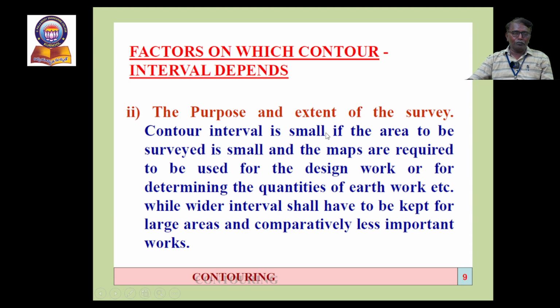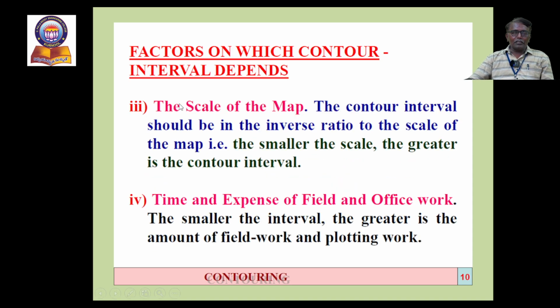So for engineering purposes, generally a small contour interval is selected for design works, etc. While a wider interval should be kept for large areas and comparatively less important works. Suppose you are preparing a map of a large area, such as a district, then the interval can be selected very large.